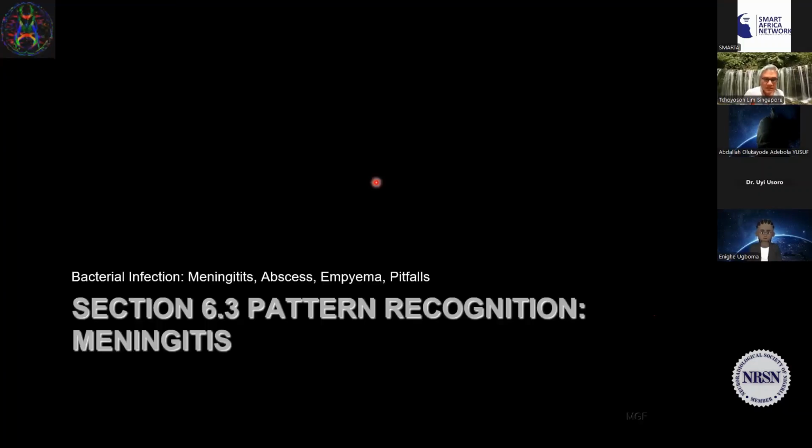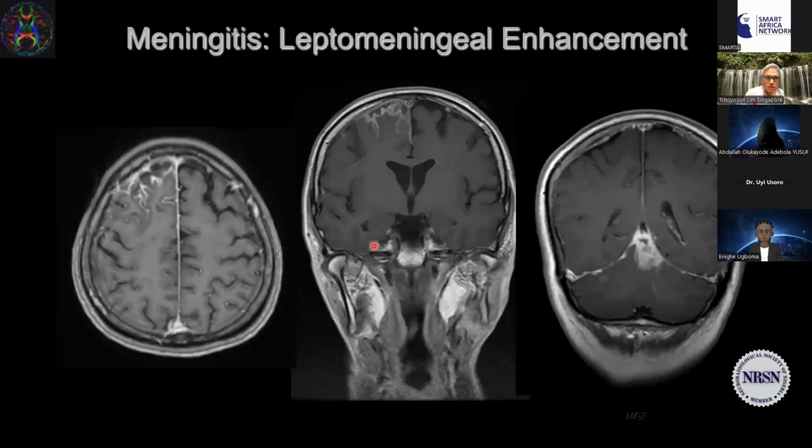So let's get first into the bacterial infections where we're going to look for meningitis, an abscess, empyema, the pattern recognition of meningitis. So the classic in MRI, as well as to a certain extent CT, is that we're looking for abnormal leptomeningeal contrast enhancement.